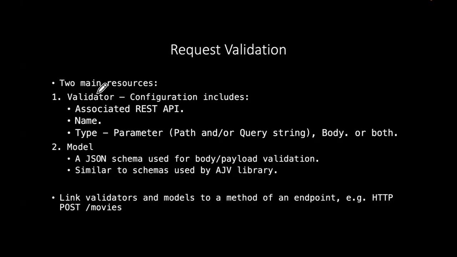One is called the validator construct. The other is called the model construct. So you have to find out really yourselves, how do I create these and how do I configure them for my particular use case? So there are these two constructs anyway, validator and model.